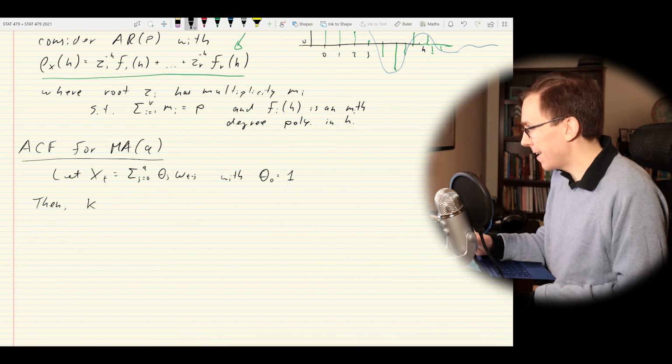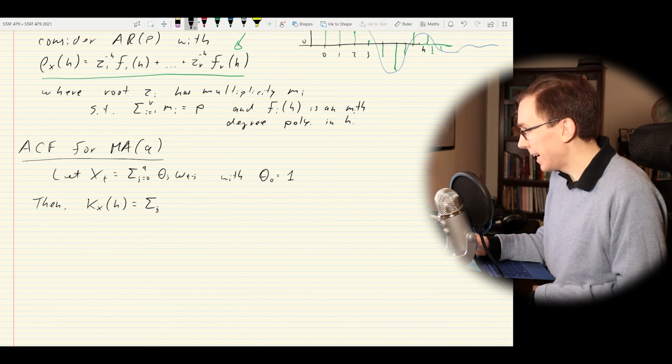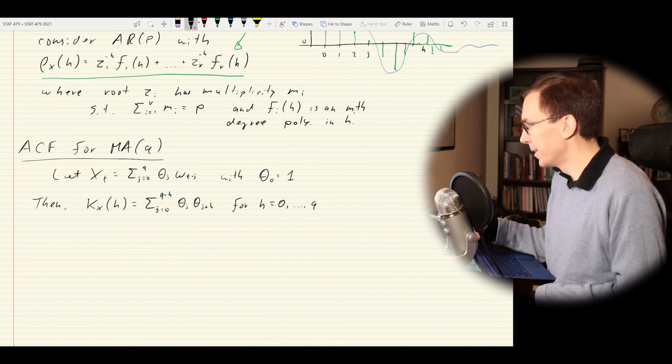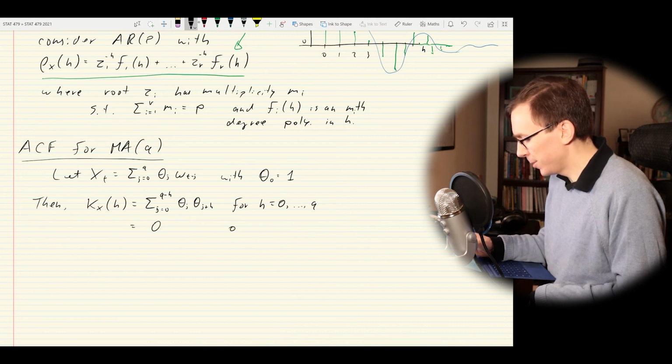Well, what do we have? We have that the autocorrelation function at lag h is going to be the sum, j from 0 to q minus h, of theta_j theta_{j+h}, and this is for h being 0 to q, and this is equal to 0 otherwise.